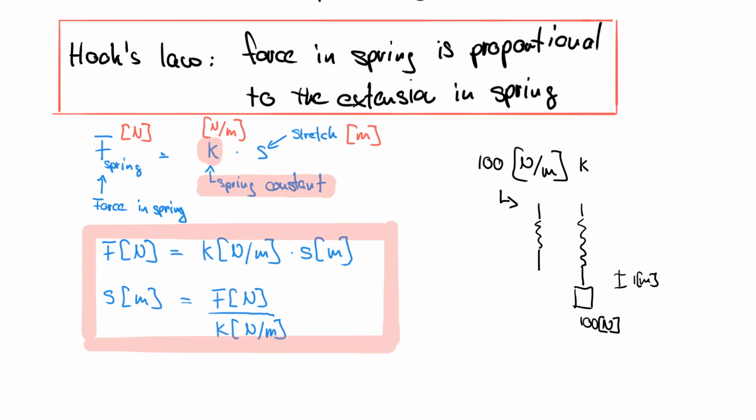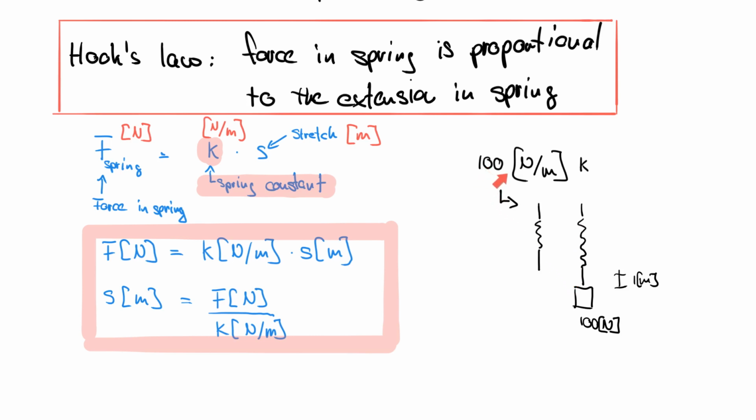So in other words, what this means is that 100 newtons are necessary to stretch the spring 1 meter. So this would be a very weak spring. It would be very useless in construction or for structural engineers, but the concept applies, right? So whatever number you have, that's how much it takes to stretch it by 1 meter. And that is the real physical interpretation of the spring constant.